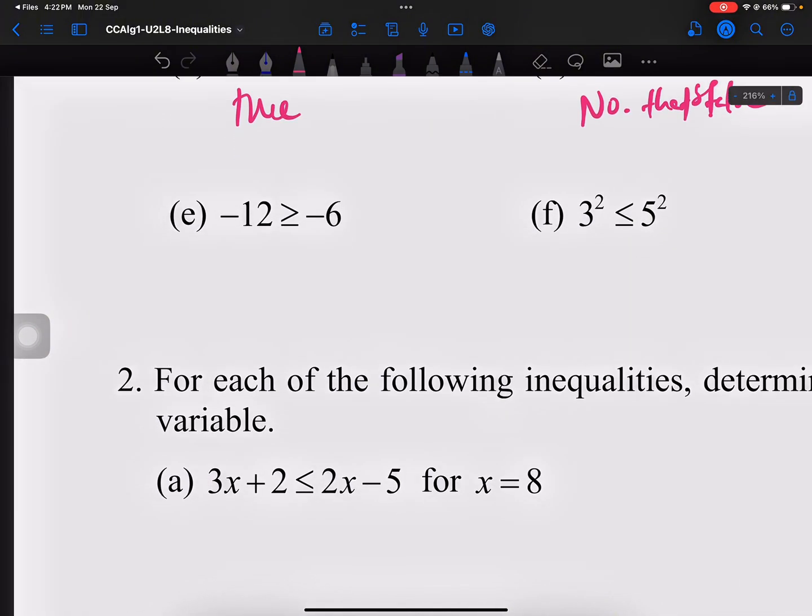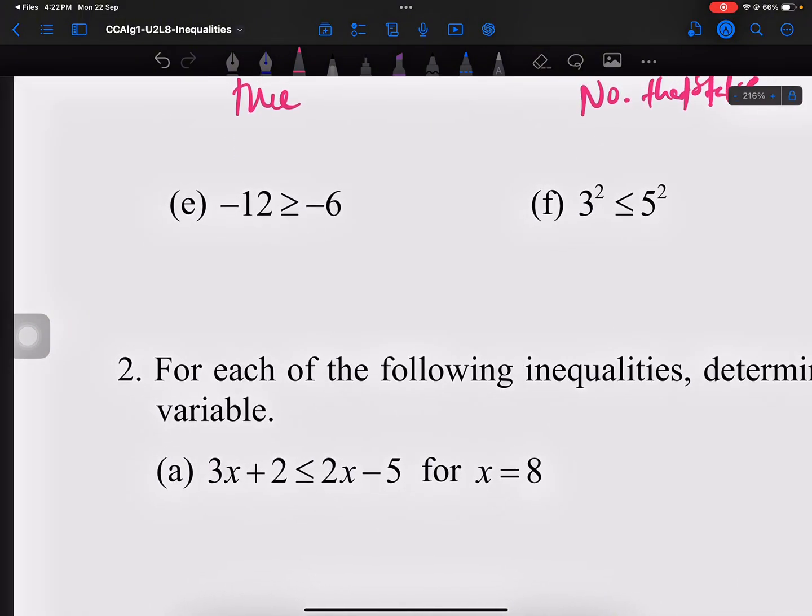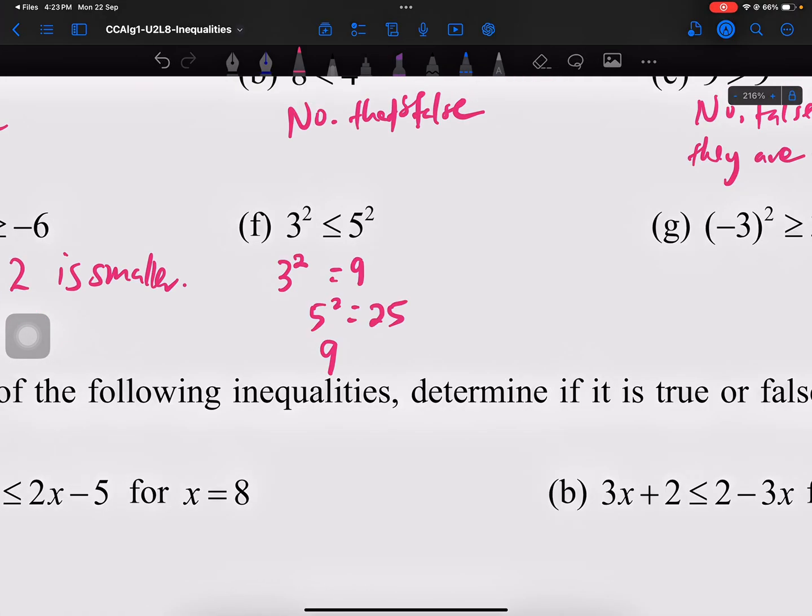E. Is negative 12 greater than or equal to negative 6? No. Negative 12 is smaller, so false. F. Is 9 less than or equal to 25? Yes, true.